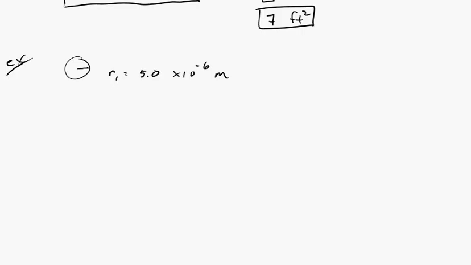Now the radius of the second blood cell they get to be 5.1 times 10 to the negative 6 centimeters. Okay, so the radius of the second ball is a little bigger. And they want to find the difference of the volumes.